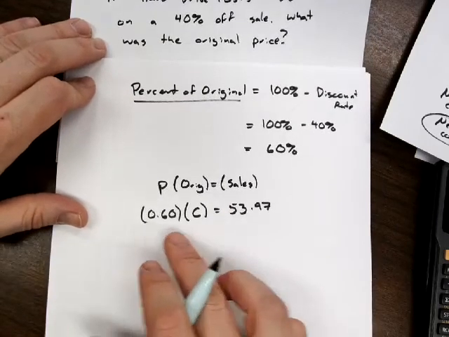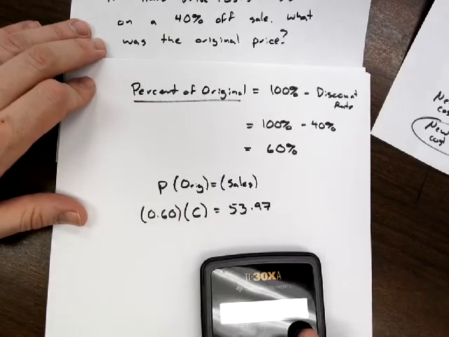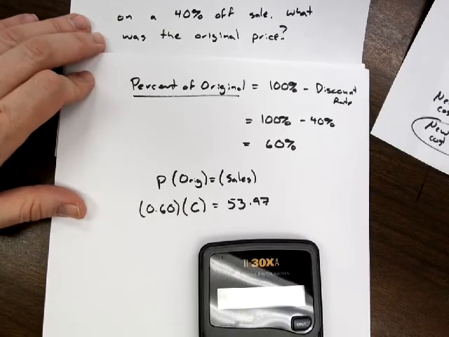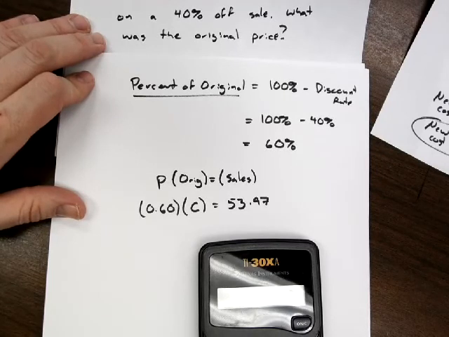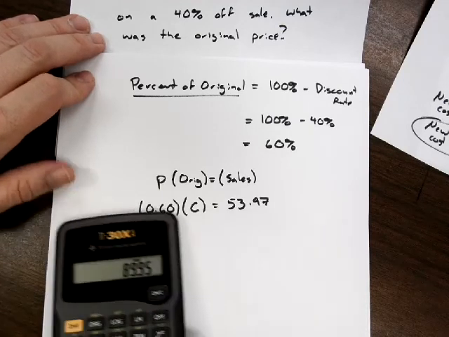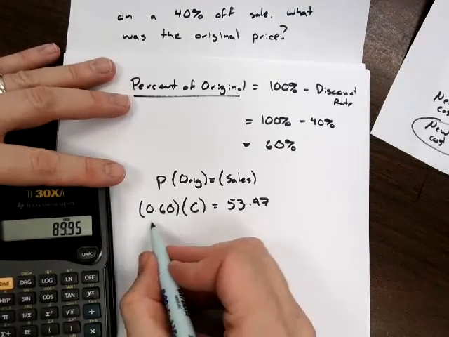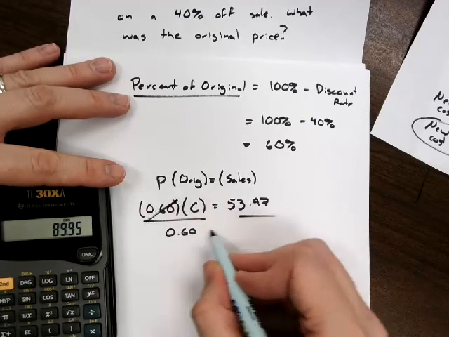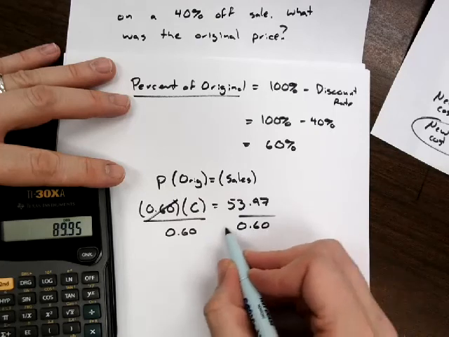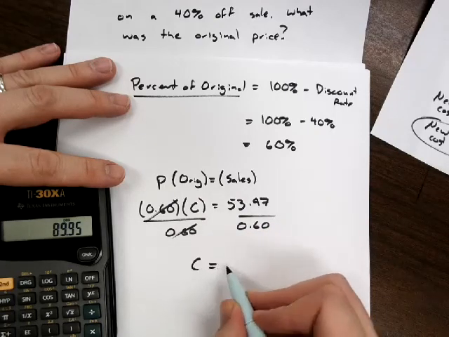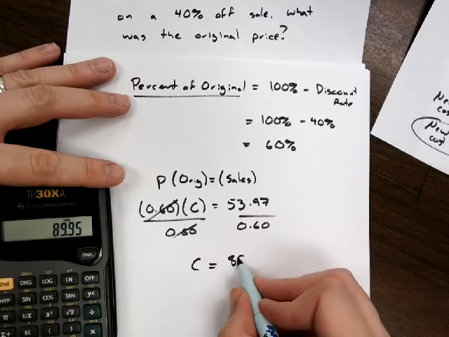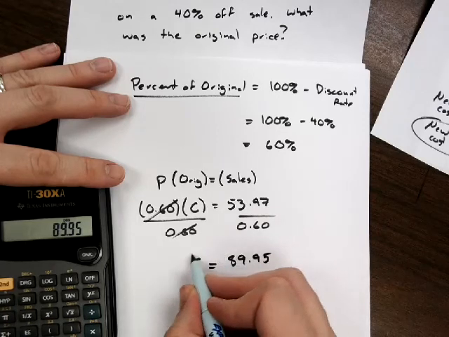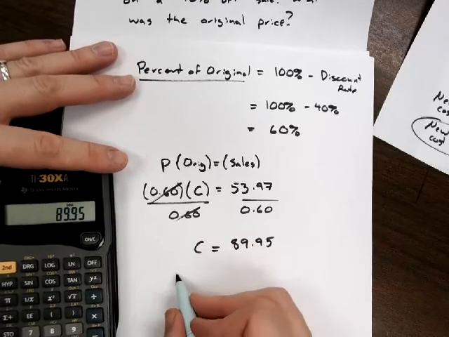Now I can divide both sides by that 0.6. So I've got 53.97 divided by 0.6, and I come up with 89.95. We're dividing both sides by 0.6, trying to isolate our C. So I've got that original cost is equal to $89.95.